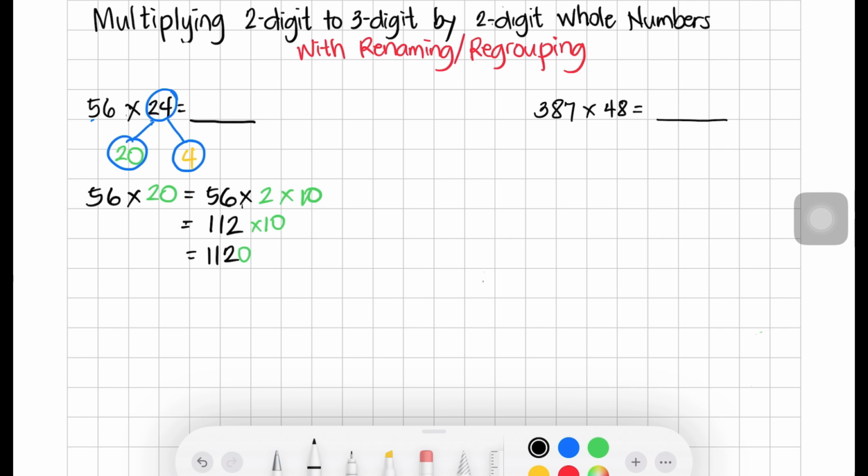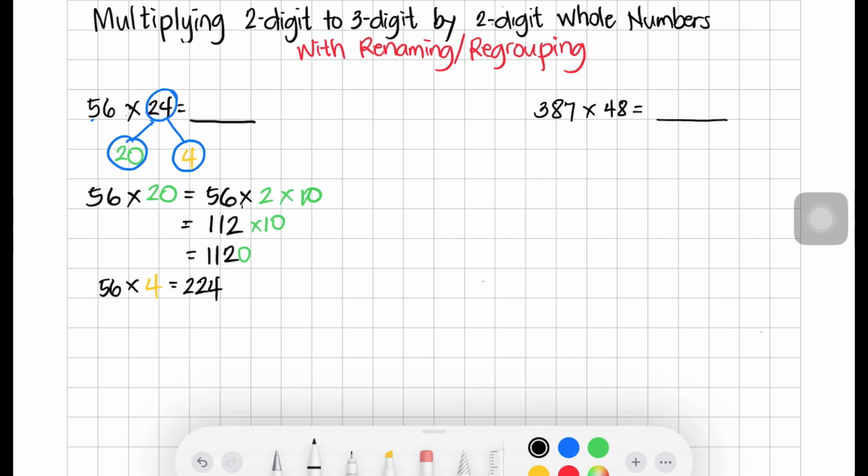And then 56 times 4 is, so 24, regroup 2, 5 times 4 is 20, 22.